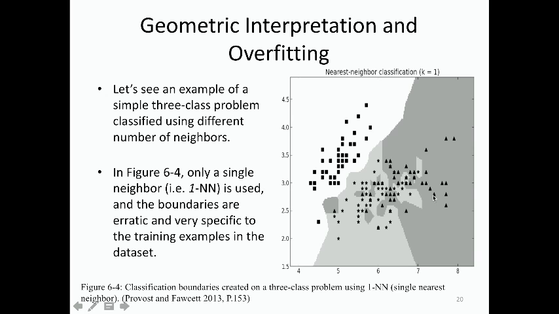This is an example of using colors or shades of gray, and also shapes of the points, such as squares, stars, and triangles.